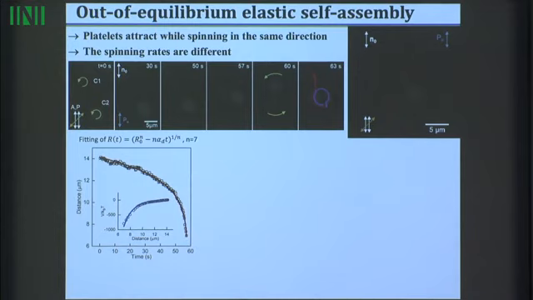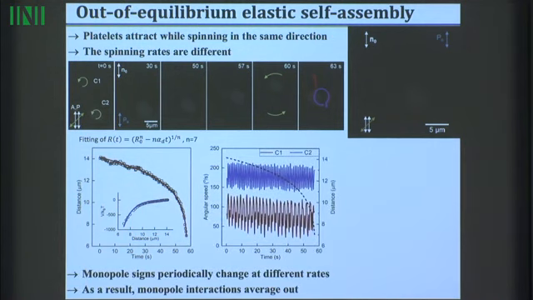And so again, for this case, we can analyze the distance versus time, and also potential versus distance. And what we see is that in this case, when they are fully spinning, they don't interact as monopoles would. But that we can understand actually because you can see in here the spinning rate is much faster than the time scale of the interaction. And so within that time scale, they rotated many, many times.